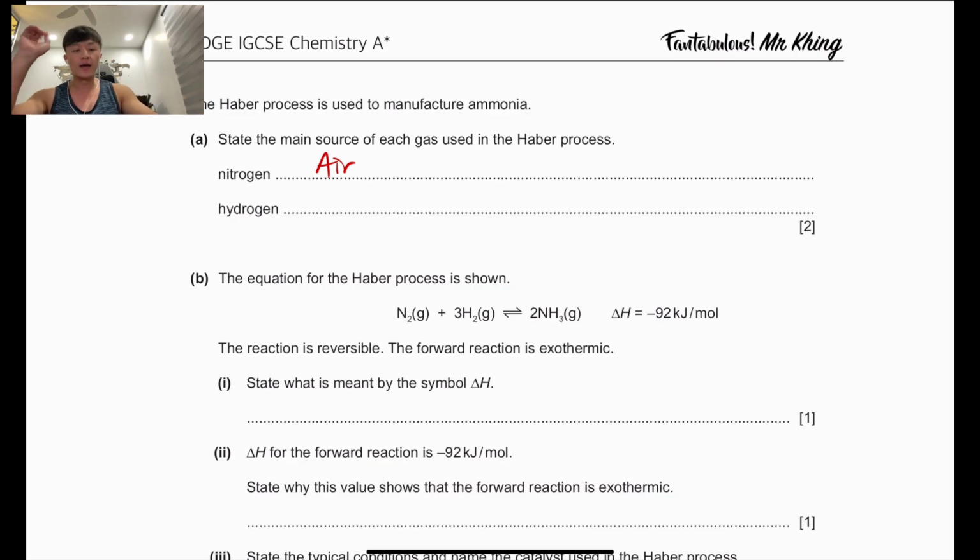Remember, air is not the main source of hydrogen, because in the air the percentage of hydrogen is about 0 point something percent, less than 1%, which is super little. So the main source is hydrocarbon. Remember, cracking of alkane, or you can also put alkane. That's the source of hydrogen gas.